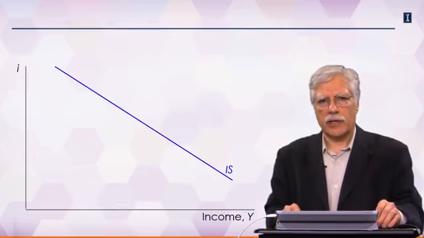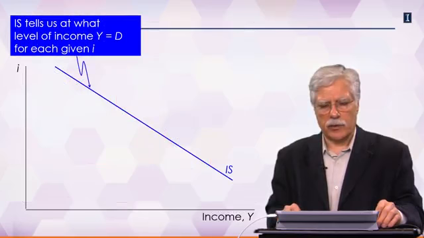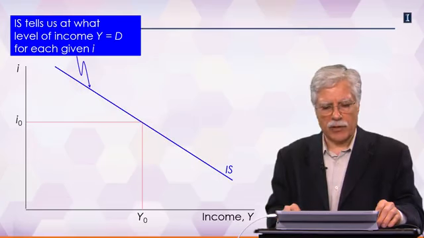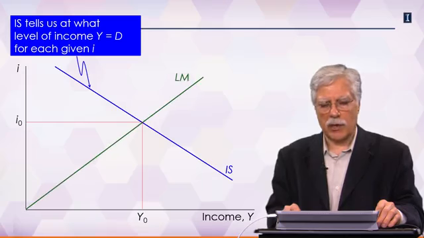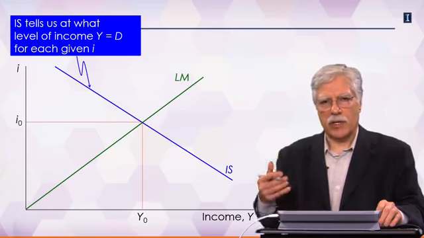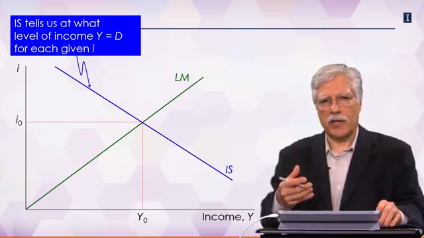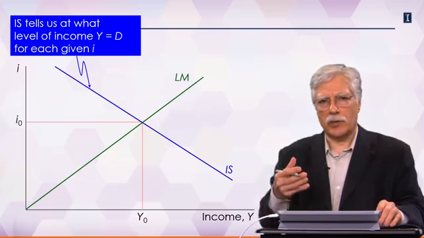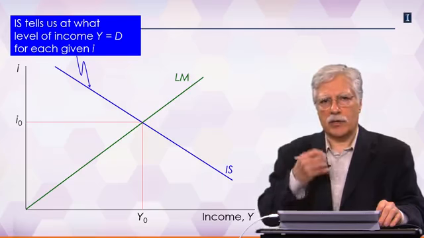Let's now put together the IS curve with what we did before in the previous course, deriving a relationship between interest rate and income in the money market. We called that LM. The IS curve represents the relationship between the interest rate and income, the income level that would prevail in the economy, in the goods market, given the interest rate.